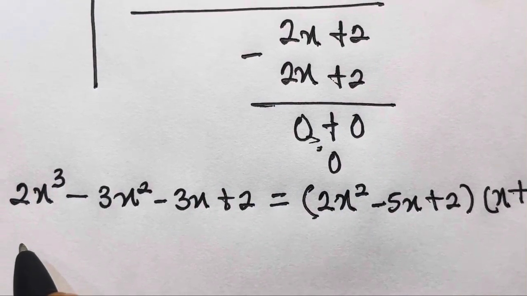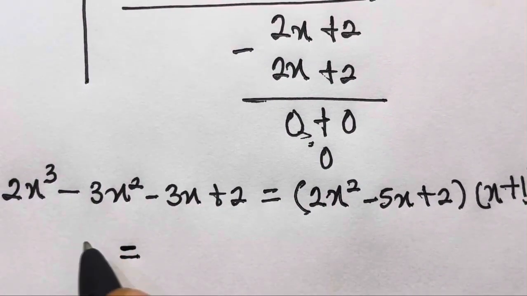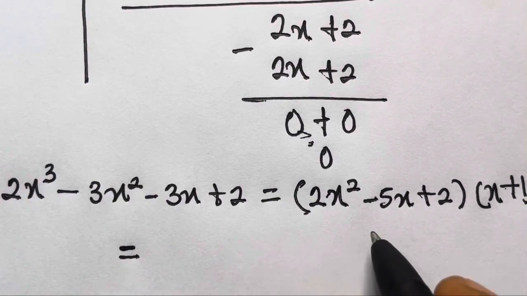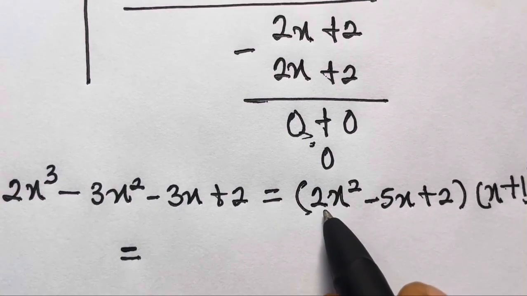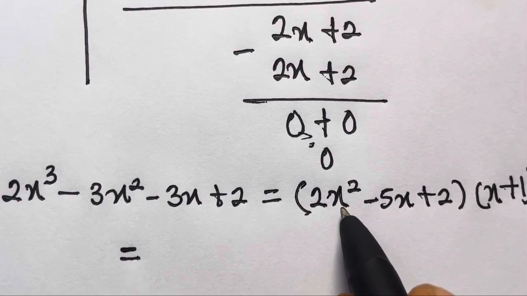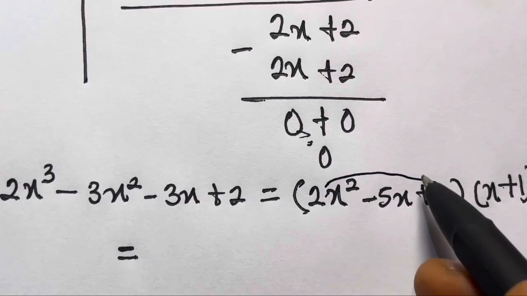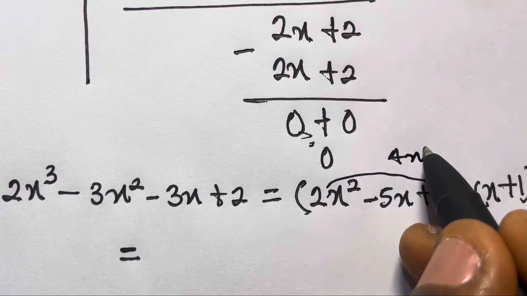So we will have 2x cubed minus 3x squared minus 3x plus 2 equals, to factorize this, you have to multiply this and this together. When you multiply them, you're going to have 4x squared.